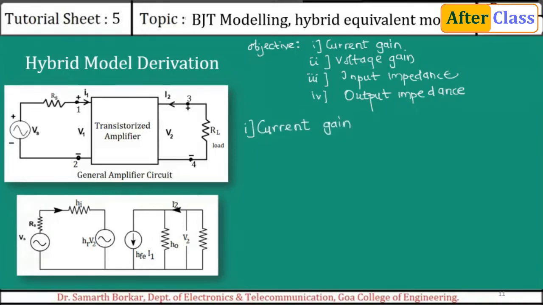Okay. The current gain is always denoted as AI, with subscript I. What is AI? It is the output current by the input current. Okay, and what is the output current here?